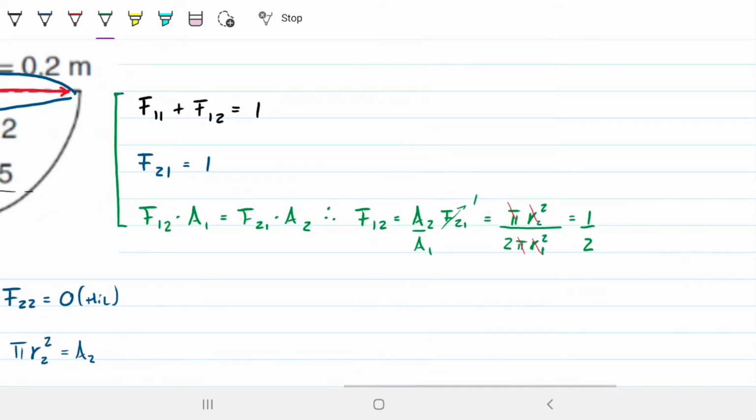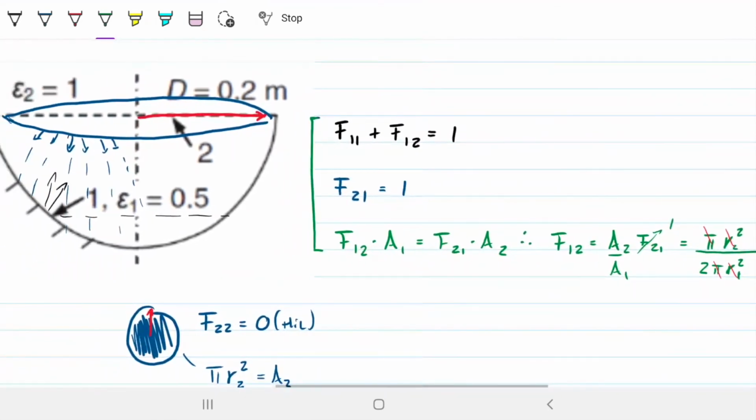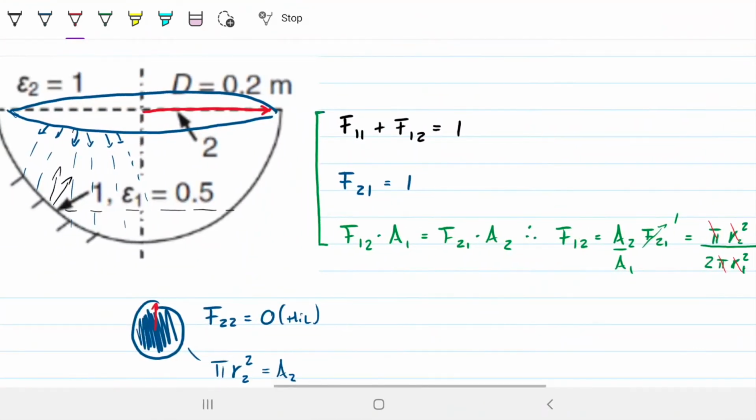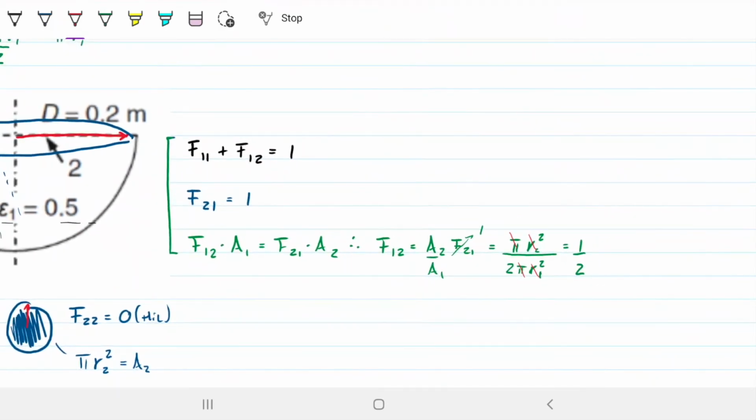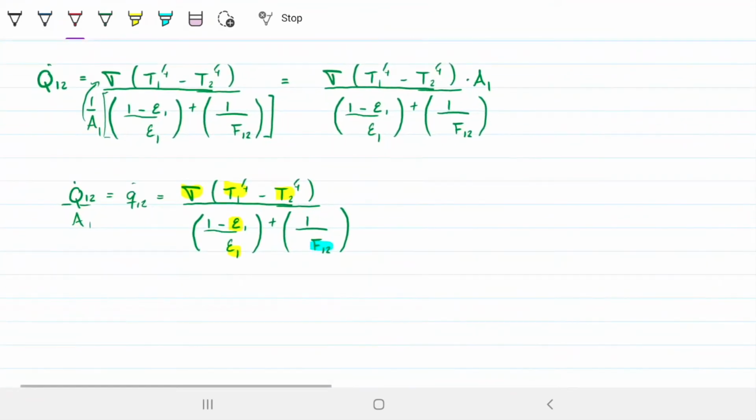So that means that the shape factor, the amount that leaves surface 1 and goes to surface 2, is about half of the emission of this surface. The other half actually goes back to itself, back to the cavity itself. All right? Brilliant.